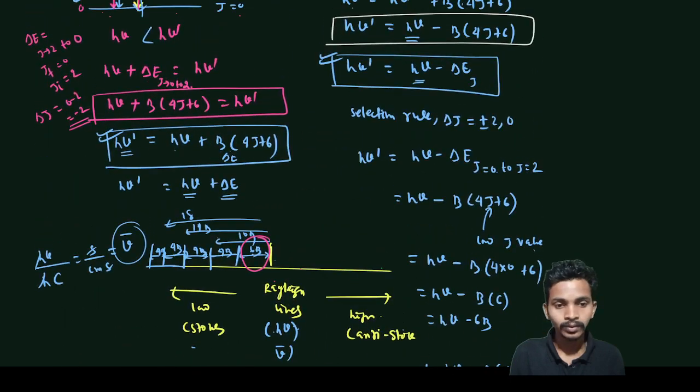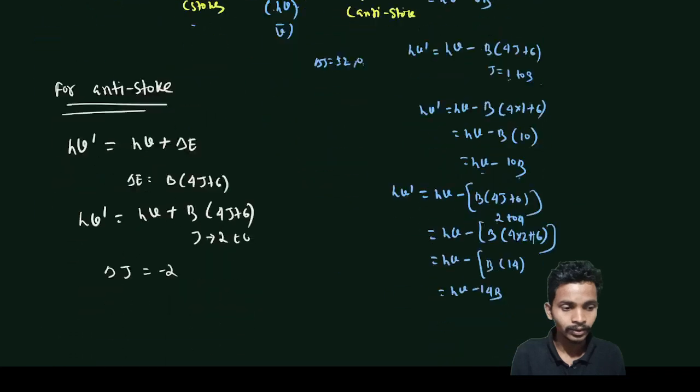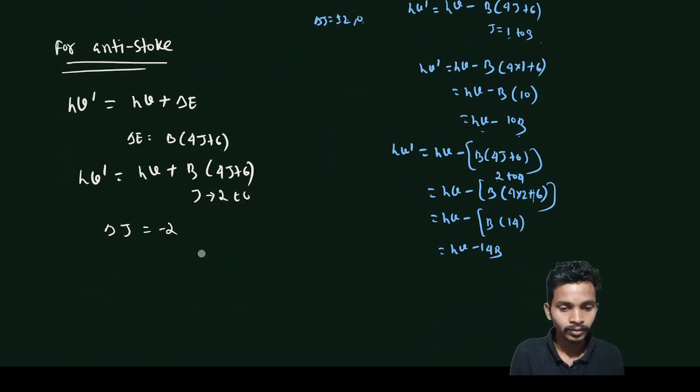What we are actually doing is, let's say the molecule goes here, and after that it does the transitions from here. I can draw it here.